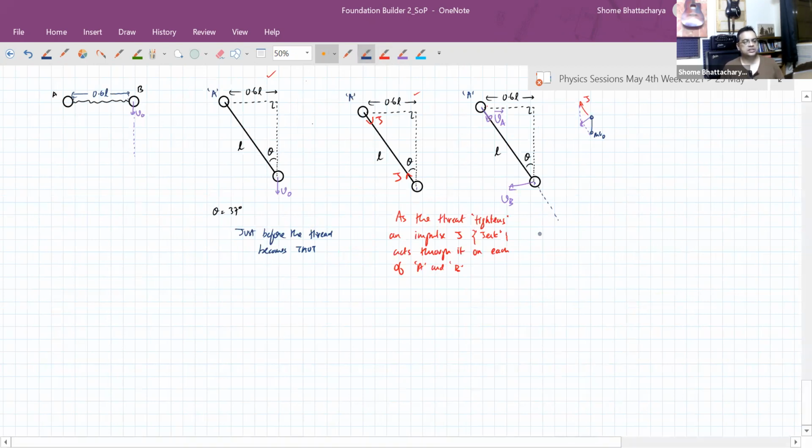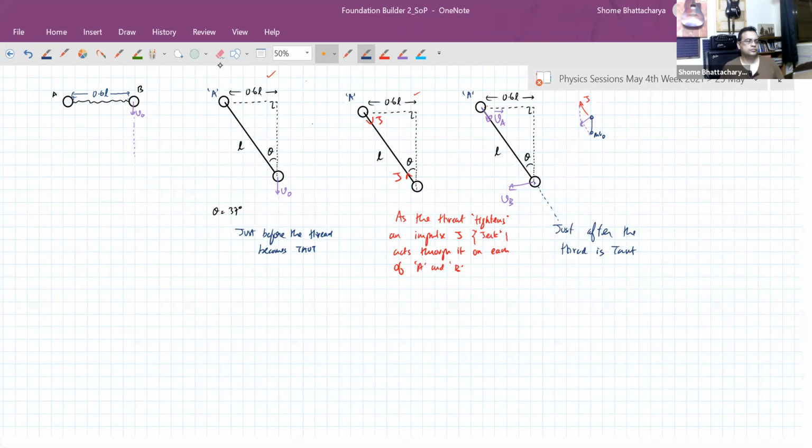So this is just after the thread is taut. So if you compare these diagrams just before and just after, you can see that on the system there is no net external force. The impulse is internal.